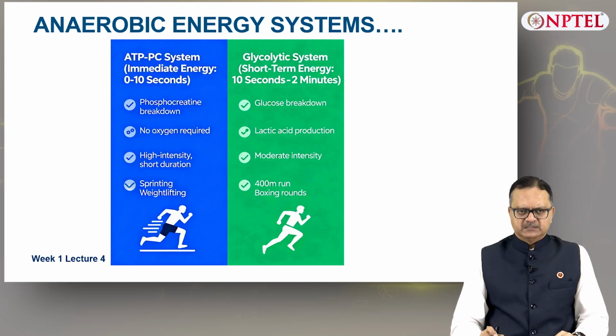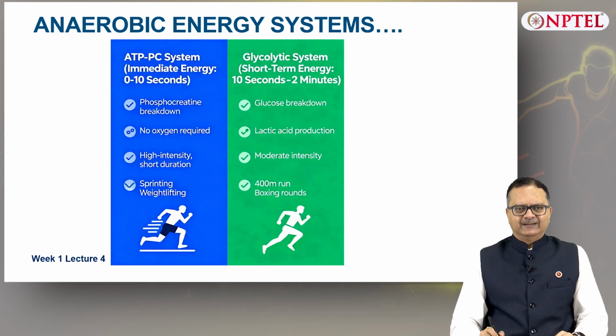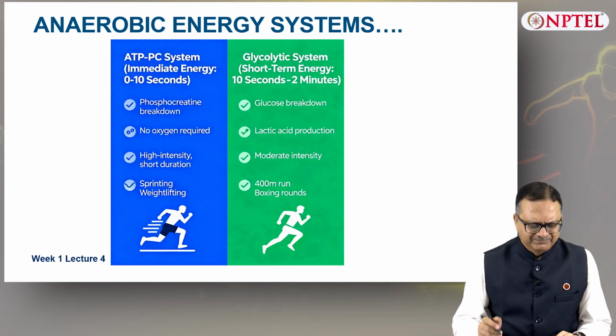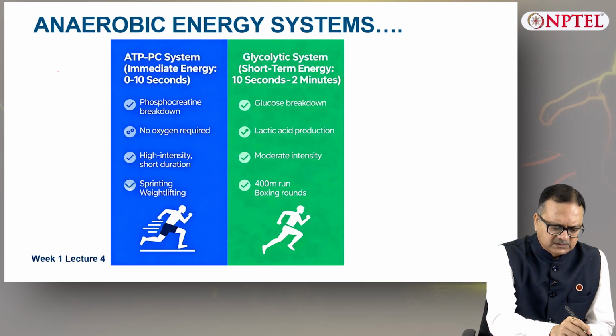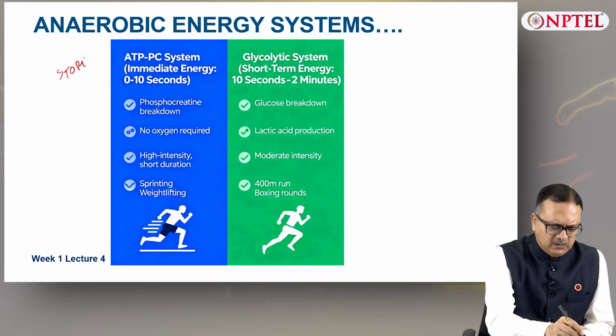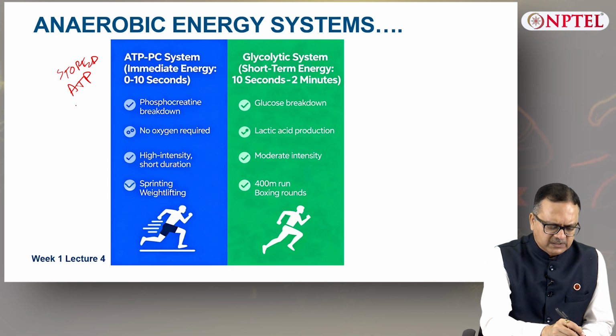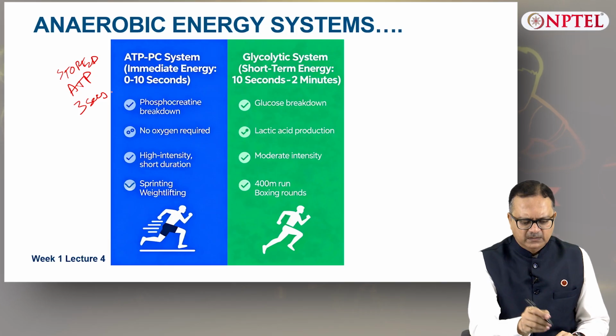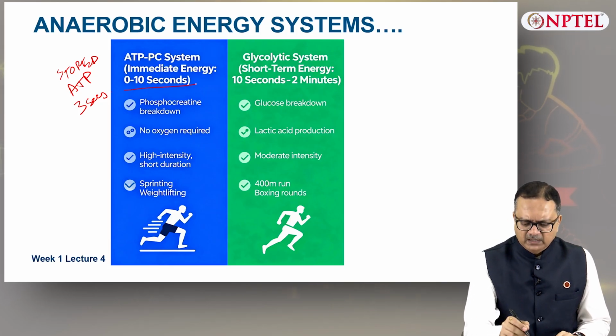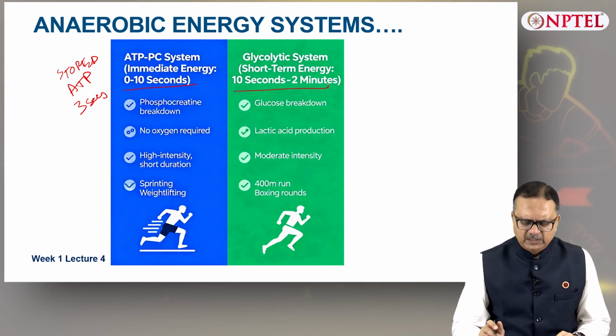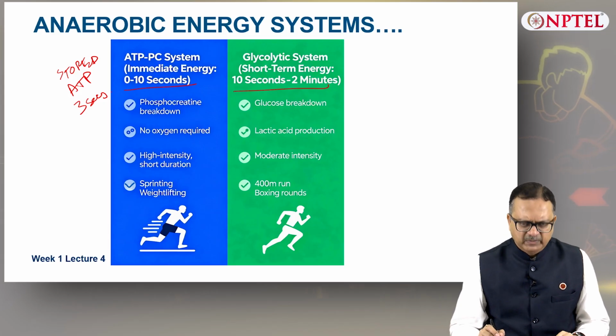The ATP-PCR system supplies the immediate energy, 0 to 10 seconds. There is also a concept called stored ATP, which gives energy for up to 3 seconds. After that, it is the ATP-PCR system, and then the glycolytic system takes over up to 2 minutes.